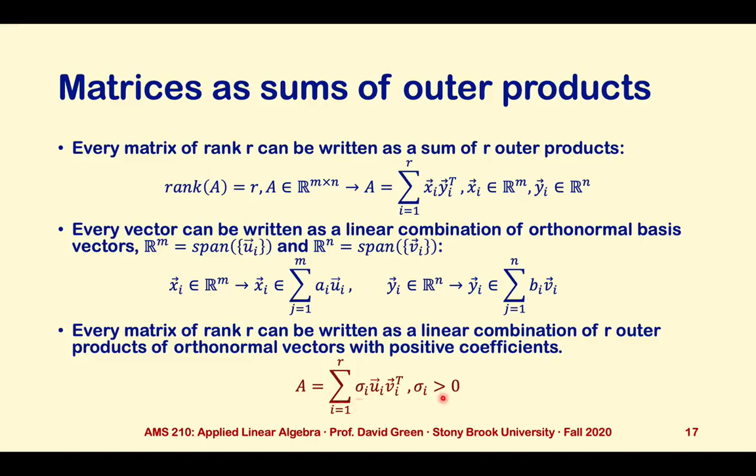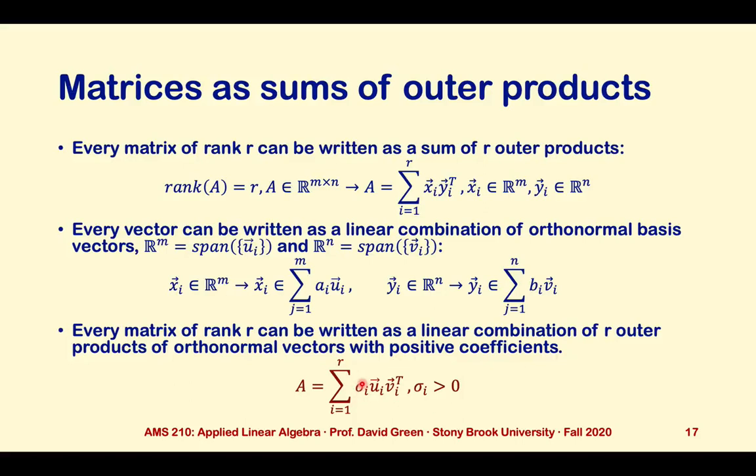Now, at this point, this is an idea. It turns out to be true that every matrix of rank R can be written as a linear combination of R outer products of orthonormal vectors with positive coefficients.